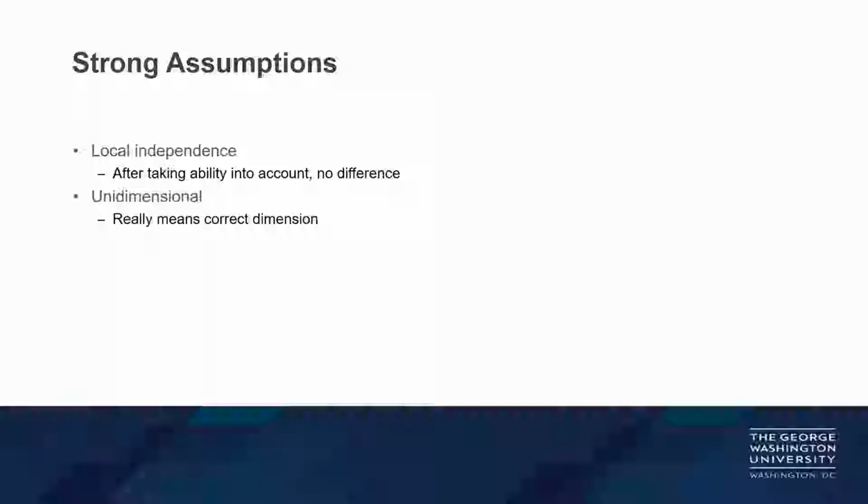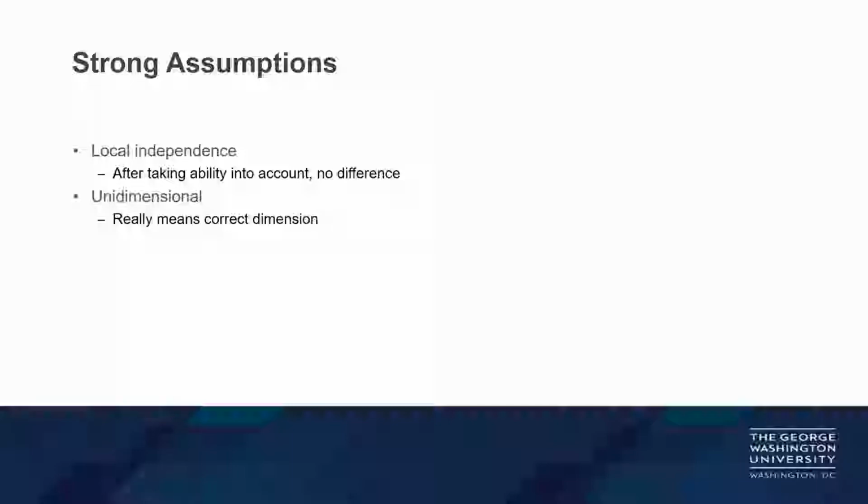Some of the strong assumptions in item response theory are local independence. After taking ability into account, we should not see a difference amongst our persons. Unidimensionality, really we mean correct dimensionality. So if we are using a one parameter model, such as the Rasch model, it assumes that there's one dimension.